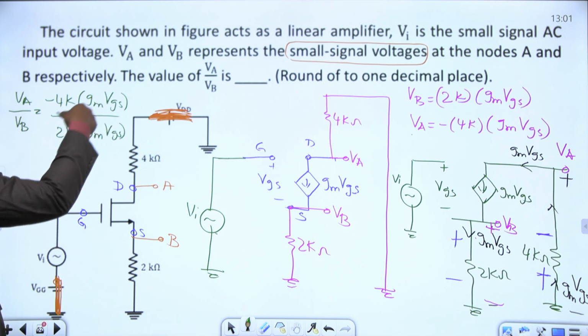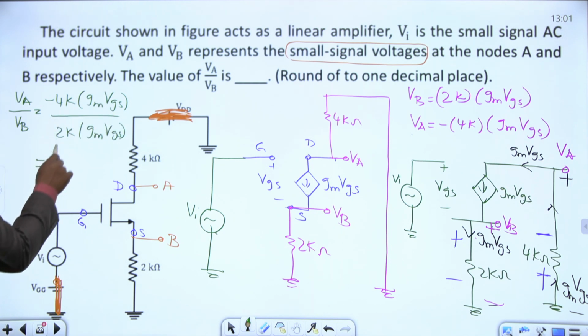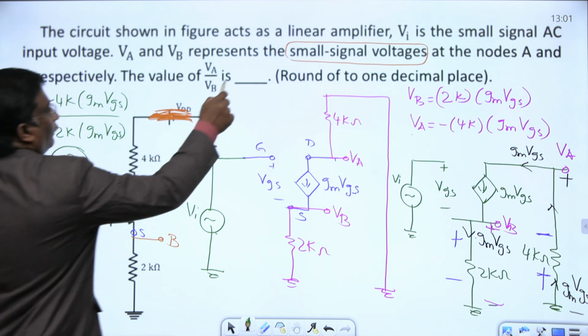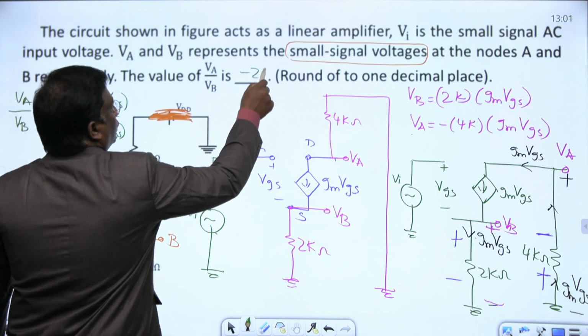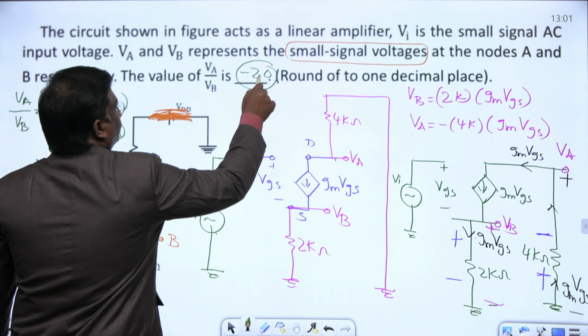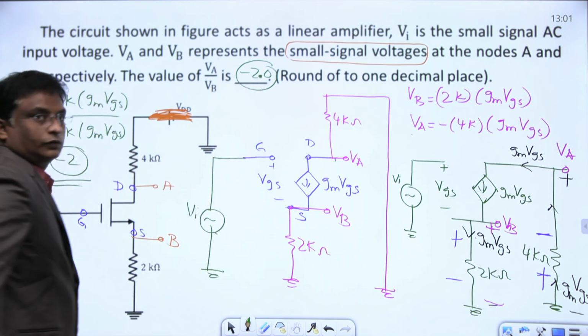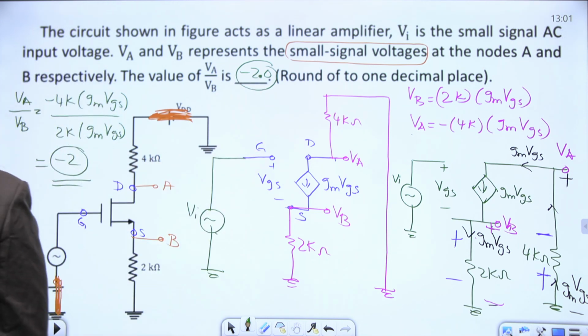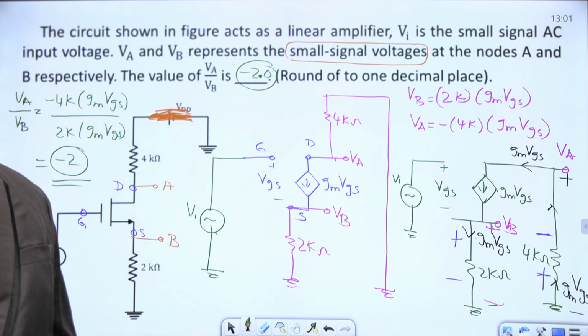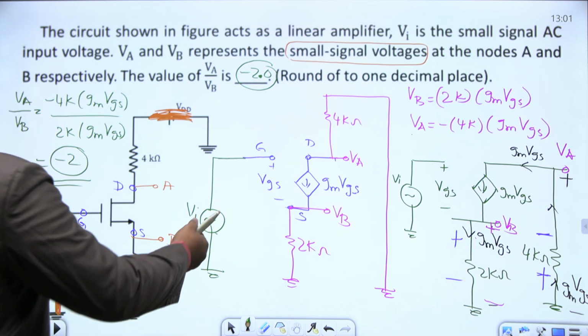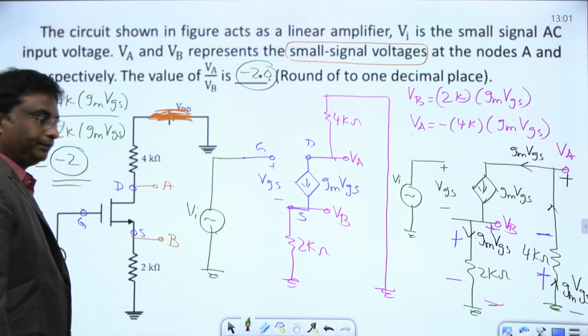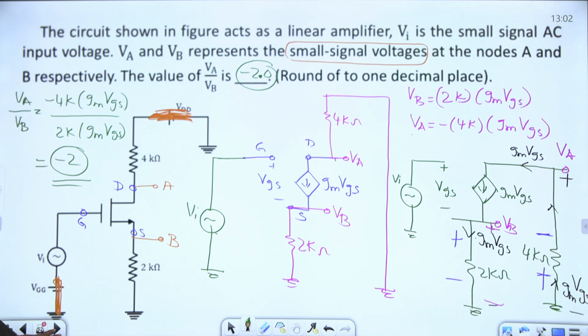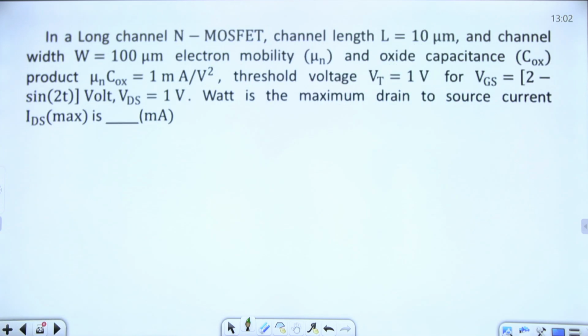The gm VGS cancels, the K cancels, and the value is minus 2. So VA by VB for the given question is minus 2.0. That's all. A very, very easy question, provided you know the small signal model of MOSFET. Right, let us move on to the next question.